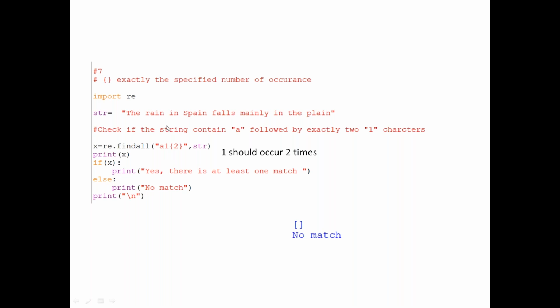Since there is no combination of that, the system is going to return an empty list. So how will I specify exactly two? a1 with curly brackets 2. When you give curly brackets 2, you are mentioning the number of occurrences, so 2 times 1 has to be there. The system identified it, and finally it says it's a null match. There is no such thing as a11.